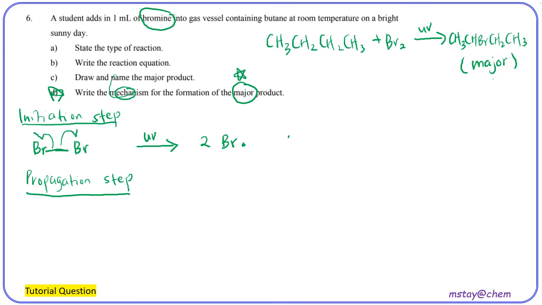Since we know the hydrogen from the second carbon here will be replaced, we make these 4 bonds: CH3, CH, H, and CH2, CH3. To show the bond more easily, maybe you can change the position here.